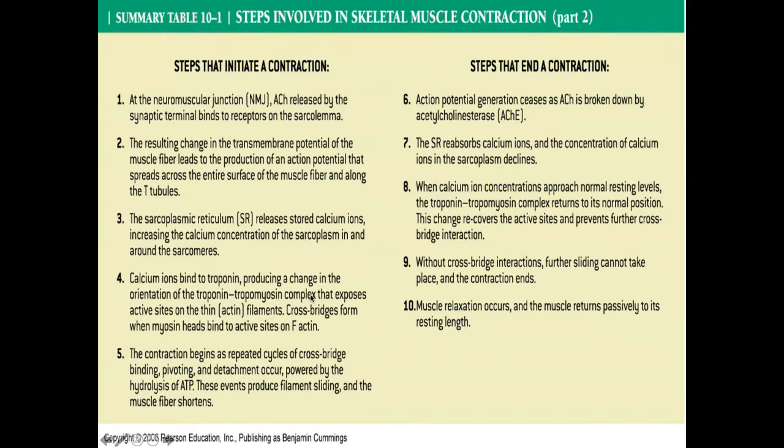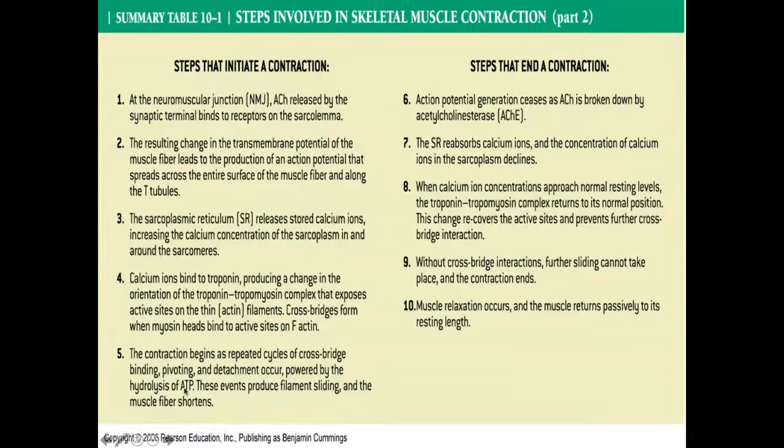And when that happens, the tropomyosin complex shifts out of the way, exposing the binding site on actin, and a cross bridge forms. The cross bridge is the connection between the myosin heads and the binding site on actin. The contraction begins as repeated cycles of cross bridge binding takes place, pivoting, which is at the myosin head, and then detachment occurs.